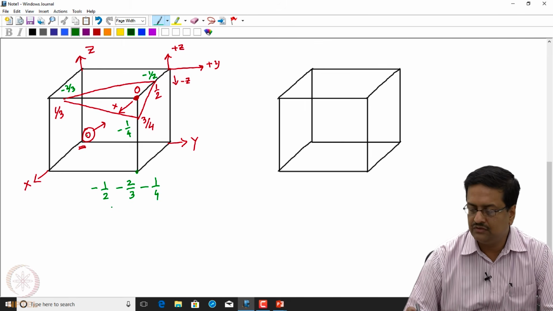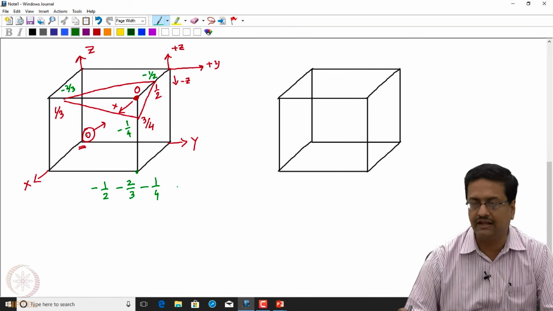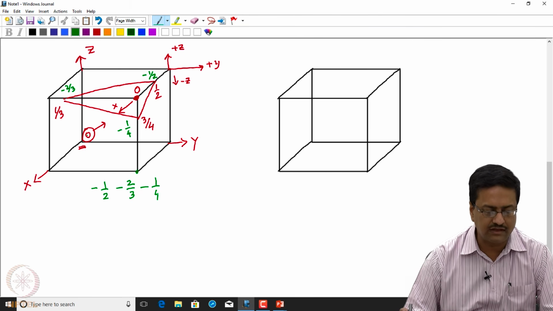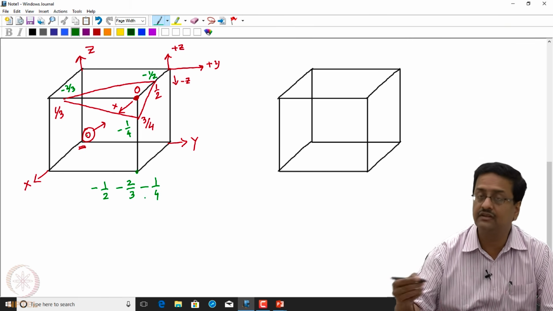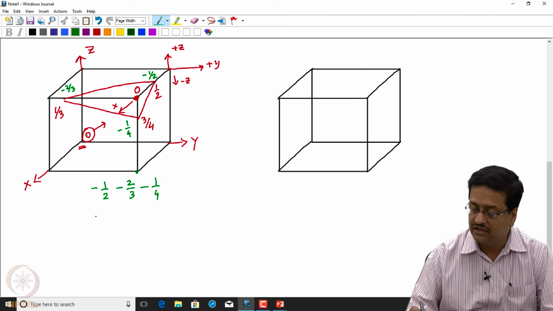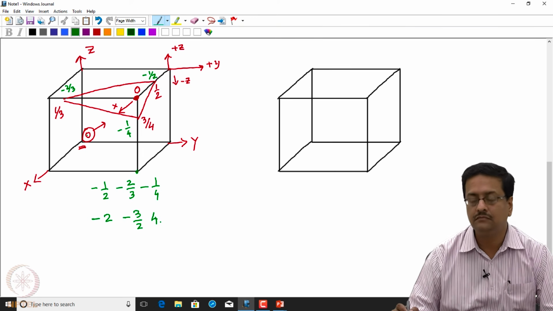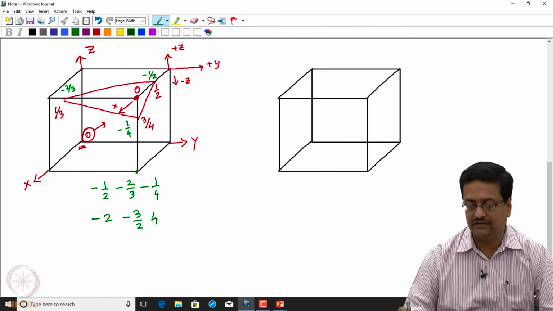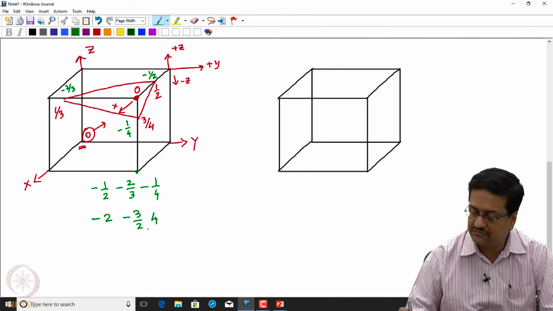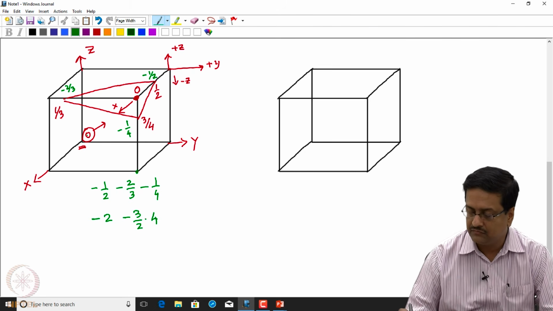So now we would like to clear the fractions. So when we try to clear the fractions, first we need to take the reciprocals. So when we take the reciprocal, it becomes minus 2, minus 3/2, and minus 4. So now we need to clear the fractions, so we multiply by 2.